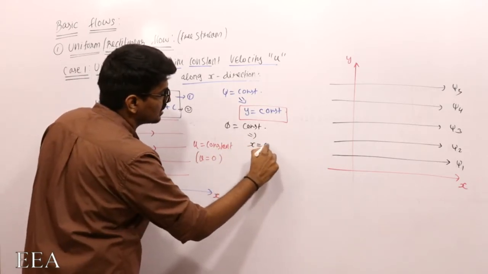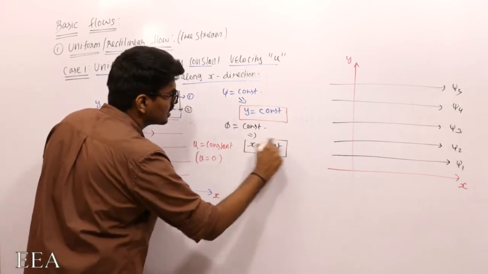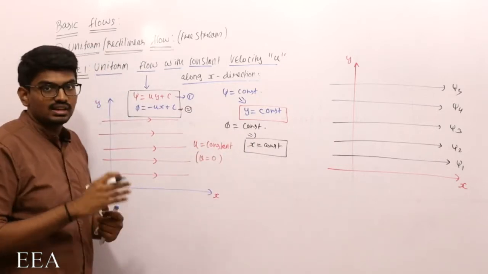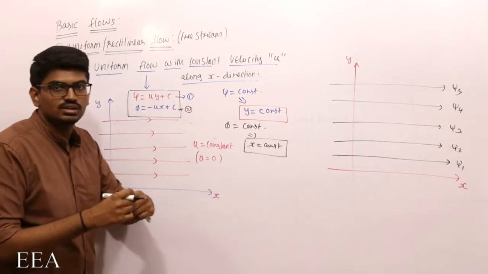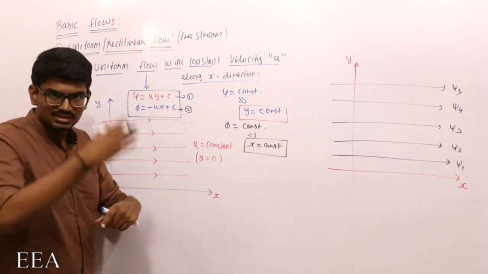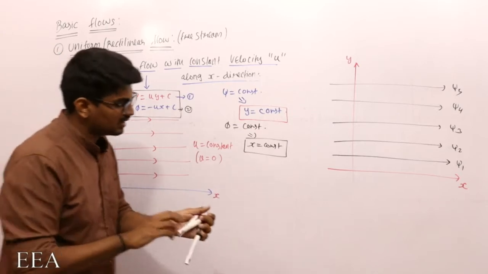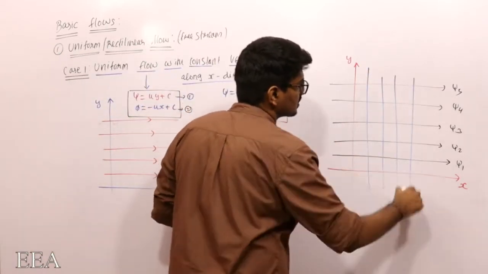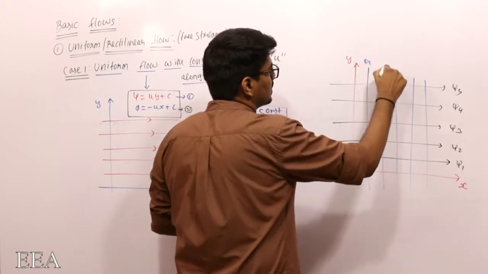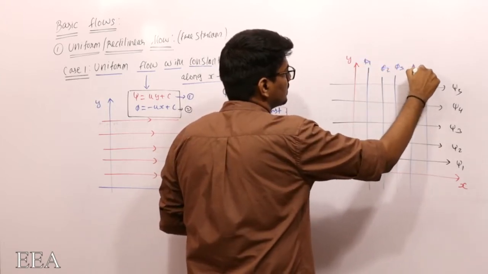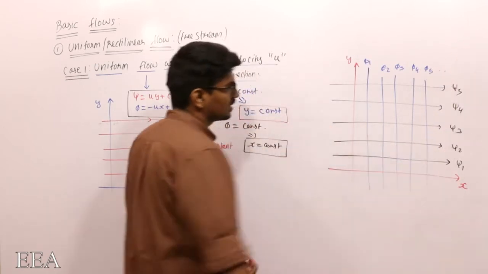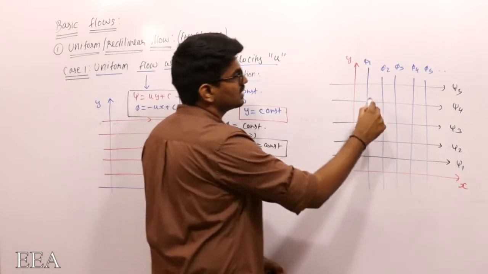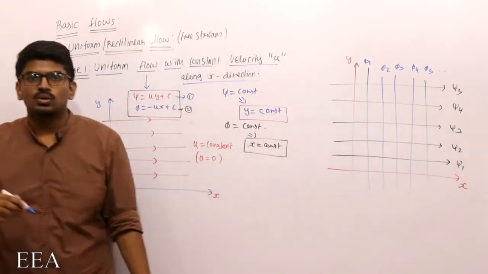So equipotential line will look similar to x is equal to constant. X is equal to constant means it's just a vertical line, so it looks something like this. This is phi 1, phi 2, phi 3, phi 4, phi 5, etc. So this is our flow field, and we know that these meshes combined are the flow net.